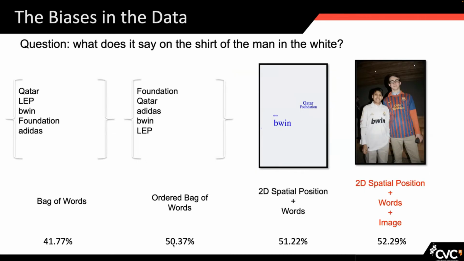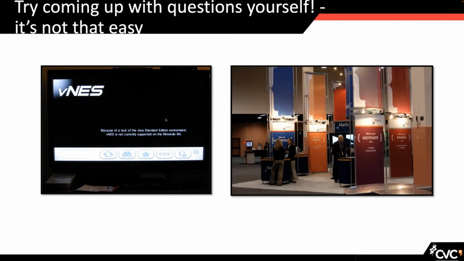And obviously, we want to evaluate our models for the final category, right? We want the models to take into account everything that is possible in the image. Otherwise, just answering with the bag of words or ordered bag of words is interesting, but it's not the final goal that we would like to achieve. And it's really hard to come up with questions that require all of the different modalities that we have categorized.